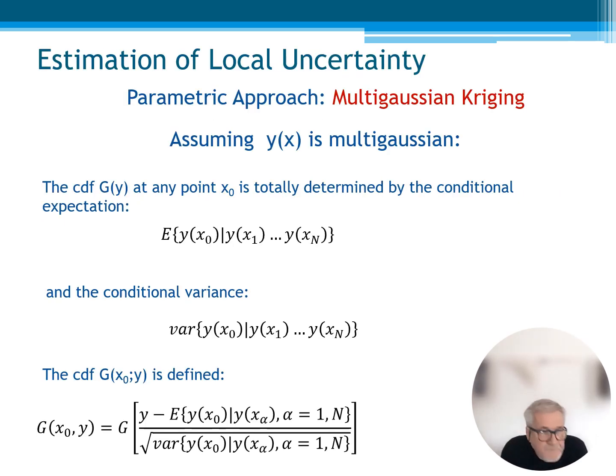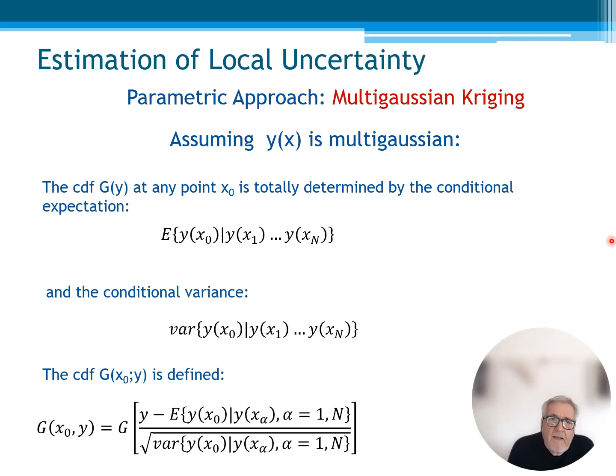Now let's see another method, which is a parametric approach called Multigaussian kriging. Let's assume that y of x is a Multigaussian variable, which means that it is Multigaussian distributed.